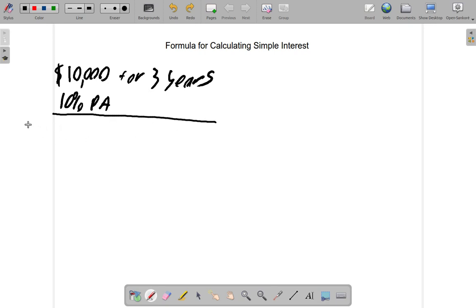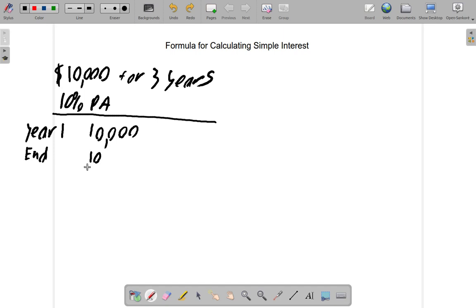In year 1, you have your $10,000. Alright, now at the end of year 1 you get an interest of 10% per annum. How much do you get?